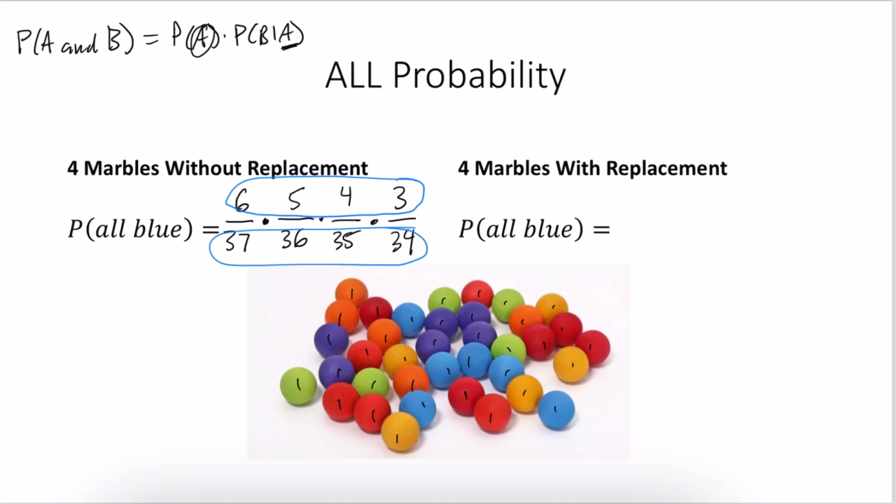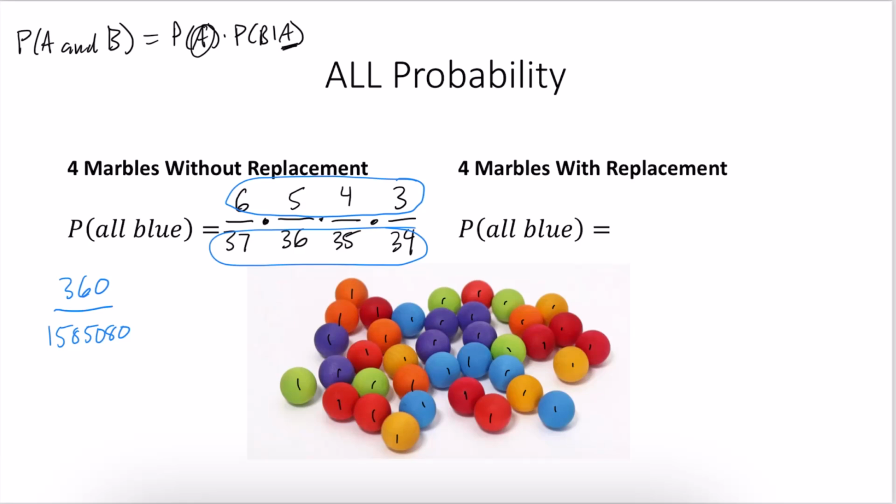So if I do 6 NPR 4, that gives me 360 for the top number, and 37 NPR 4 gives me a very large number, 1585080.